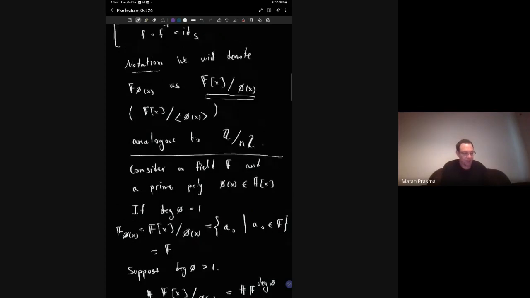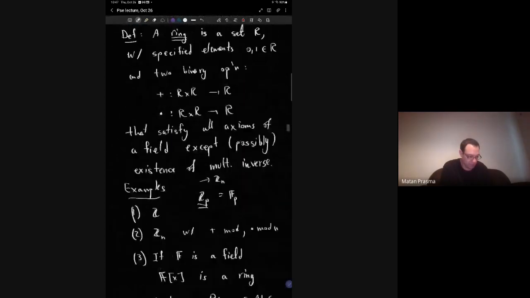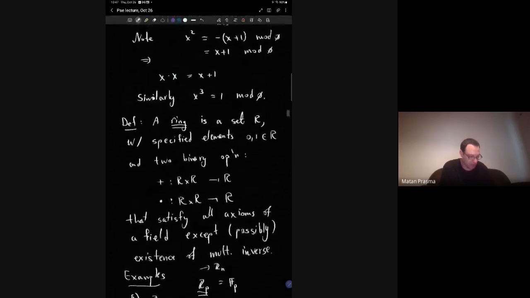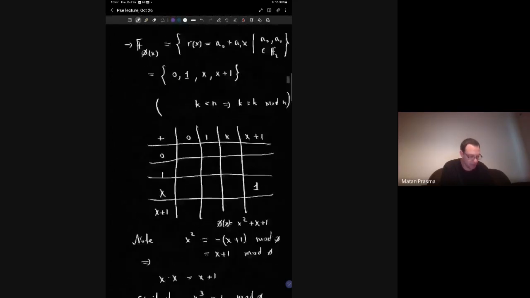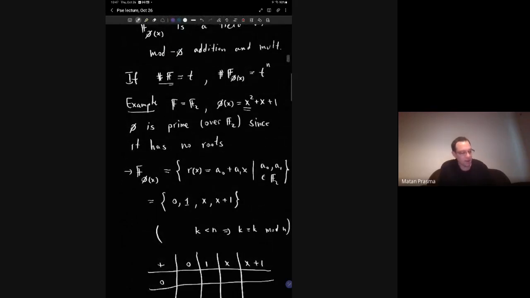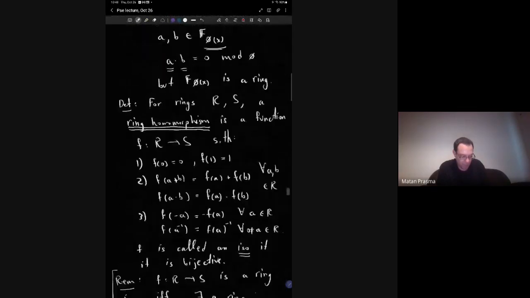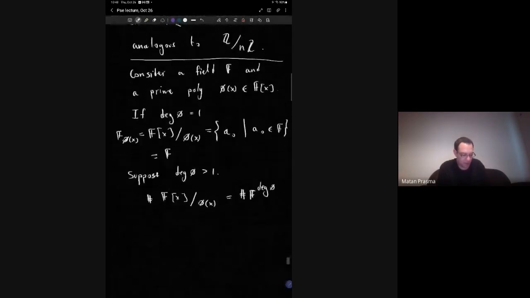This is what we said before. If the number of elements in F is t, then the set of all possible remainders is t to the n, where n is the degree of phi.